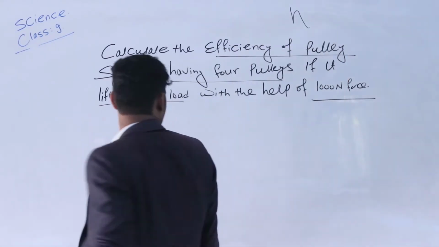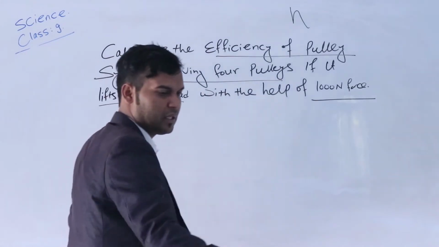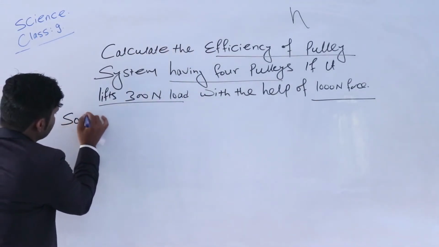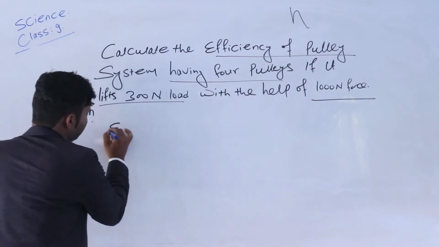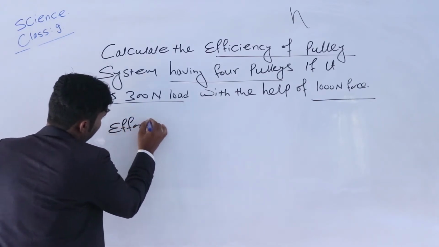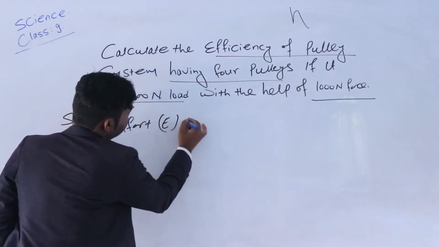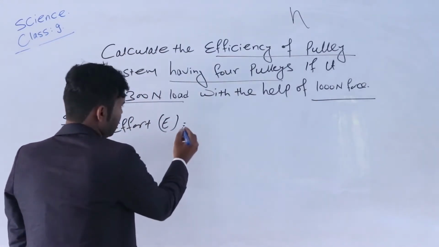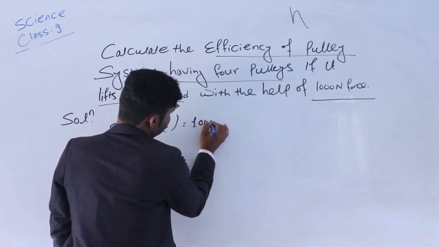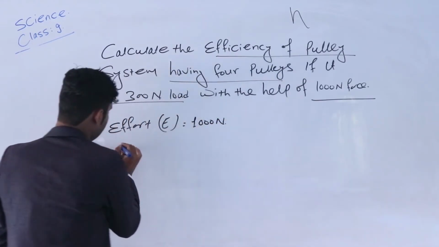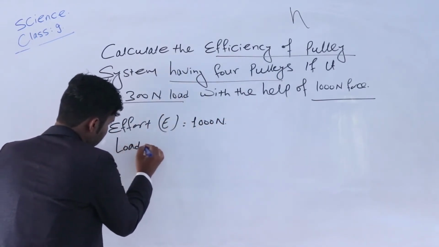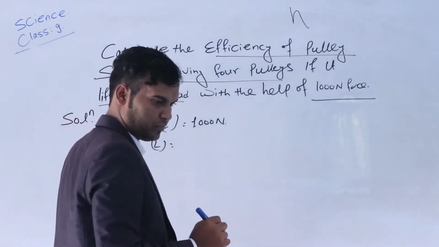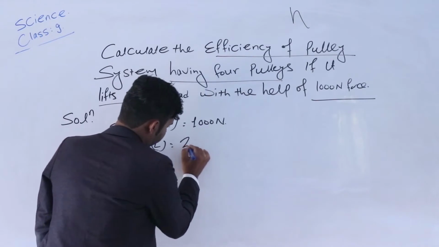Okay, hope you are clear. Solution: Effort is equal to 1000 Newton. Load is equal to 3000 Newton.